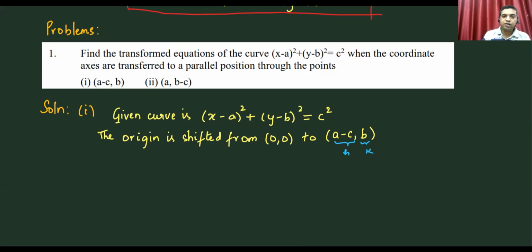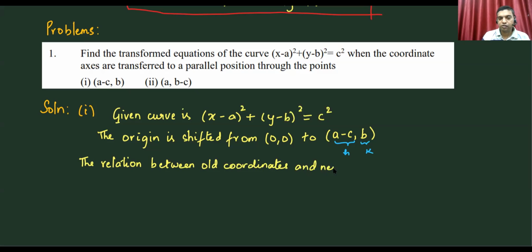So now the relation between old coordinates and new coordinates is: small x equals capital X plus h.